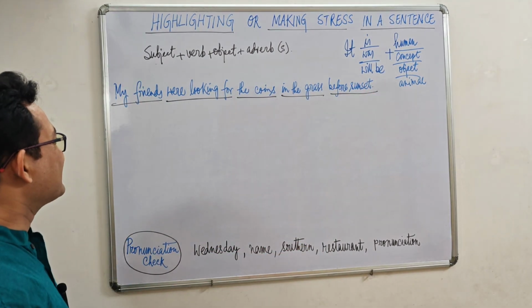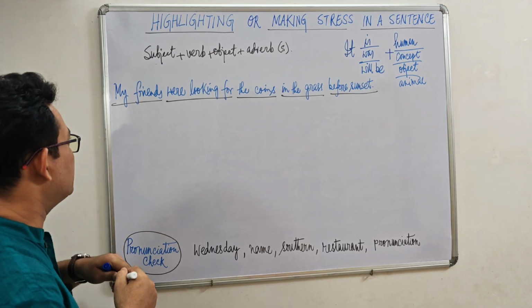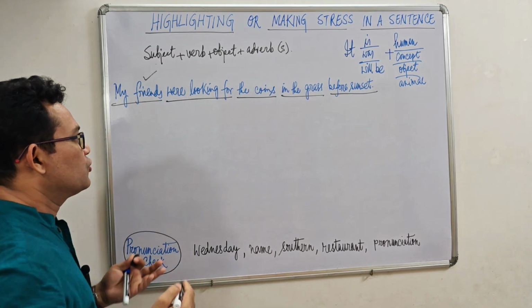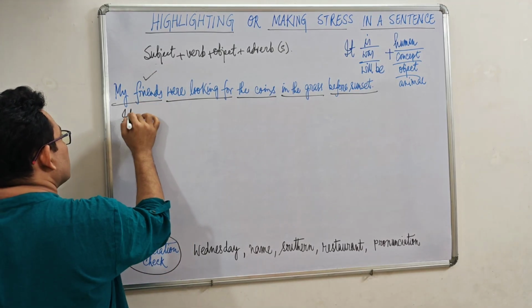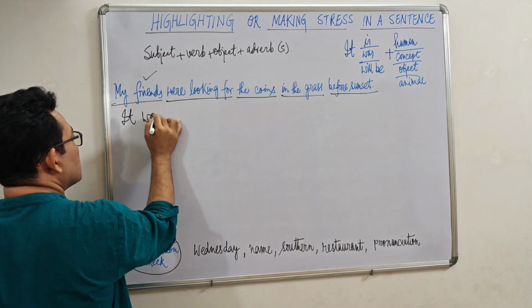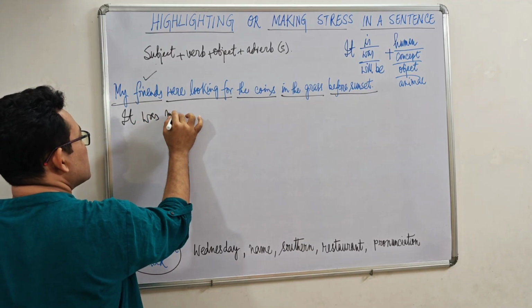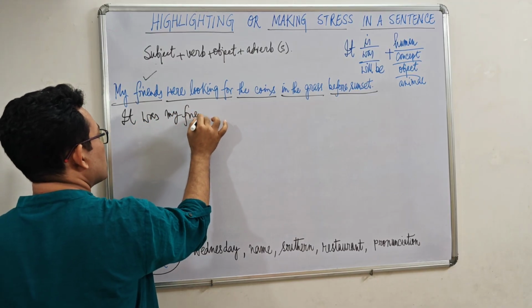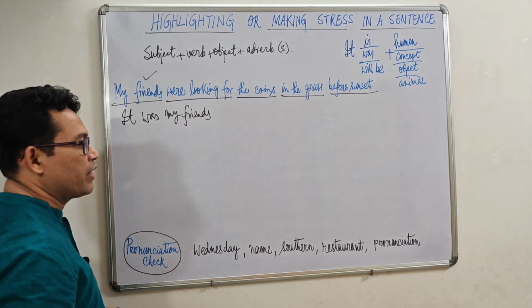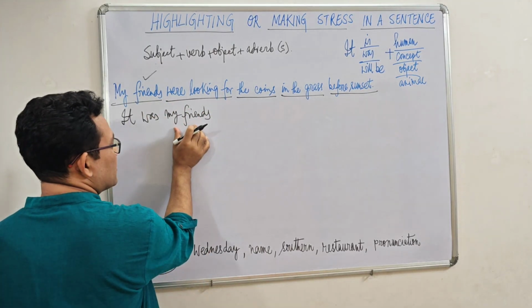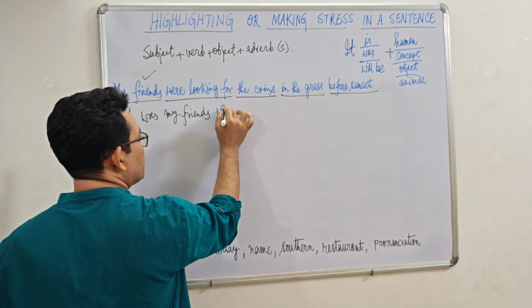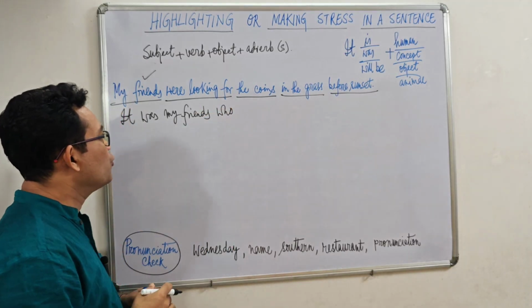So first, let us highlight or emphasize the subject, my friends. So it should be, it was my friends. Okay, then since they are human beings, we have to use the relative pronoun who.